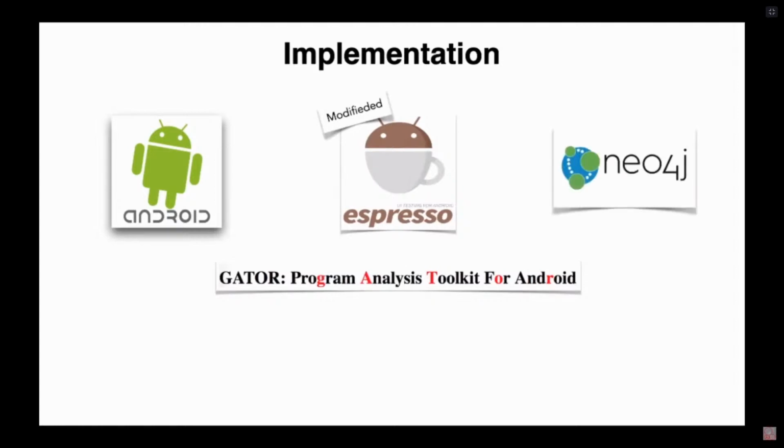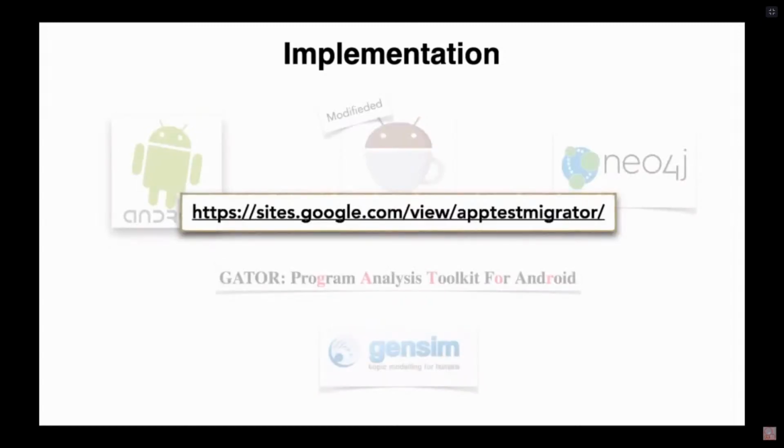We also use Neo4j, a graph database management system, to interact with the static model. And to generate our word-to-vec model, we use GenSim, an open-source vector space and topic modeling toolkit implemented in Python. For more information regarding the technique and its implementation, you can check out the tool's website. Thank you.